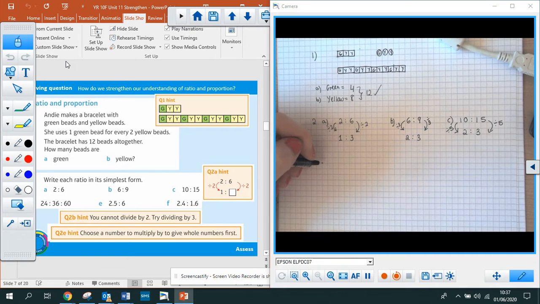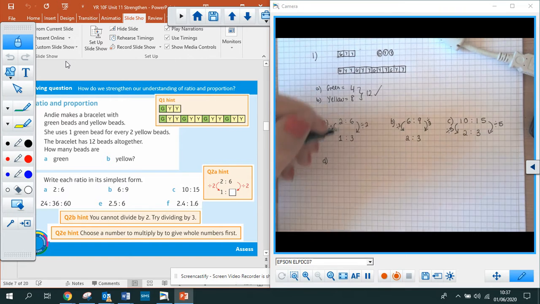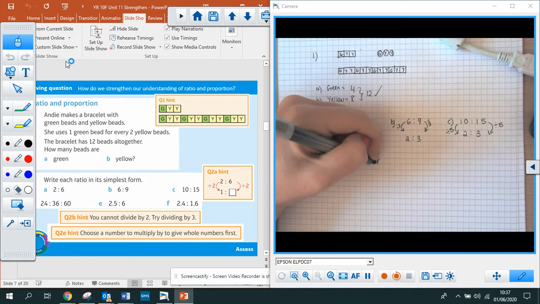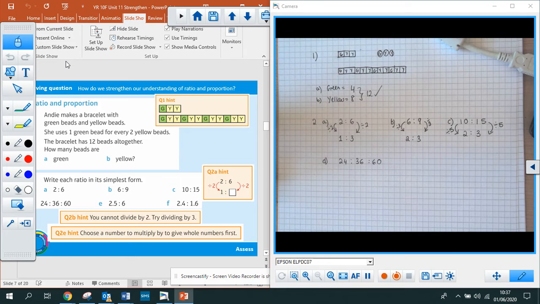Okay, the next one, part D, we've been given three ratios. So 24 to 36 to 60. Okay, straight away I can spot a factor that I know they're all divisible by, and that's 12. Okay, they're all divisible by 12. But if you weren't able to spot that, that's okay.